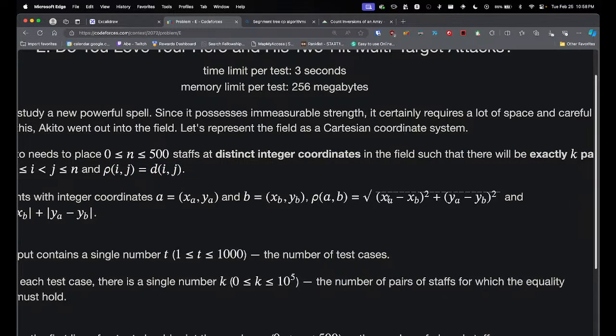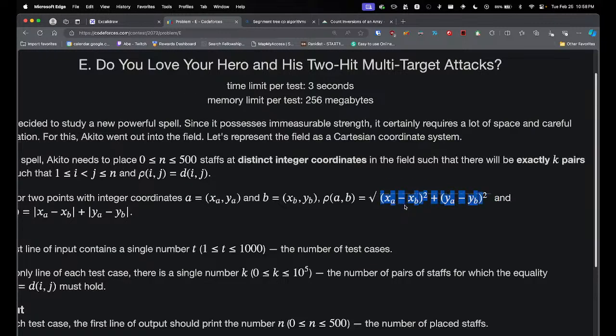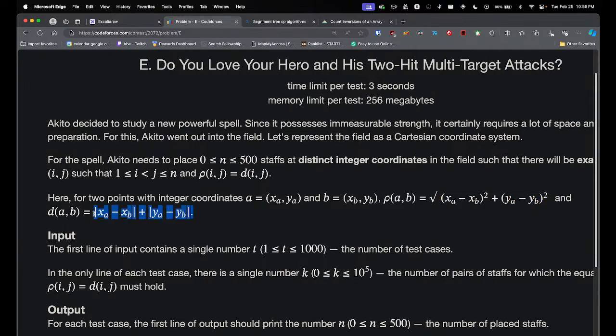What is this? This is the Euclidean distance, which is the square root of xa minus xb whole square plus ya minus yb whole square, and this is the Manhattan distance, which is the absolute value of xa minus xb plus absolute value of ya minus yb.